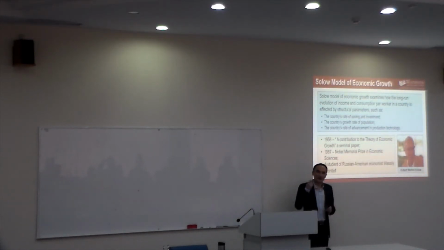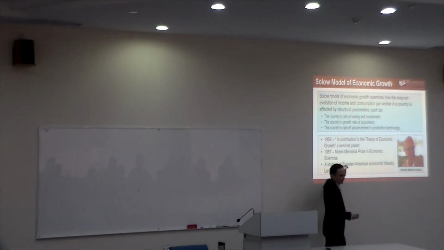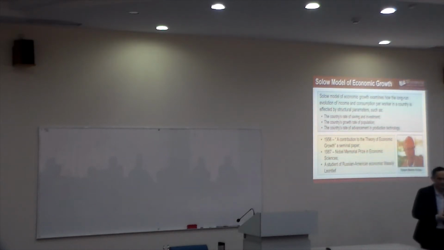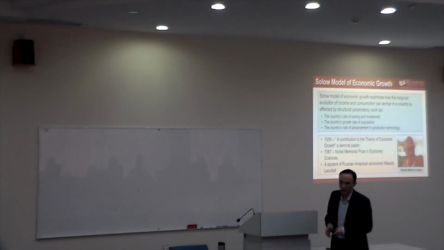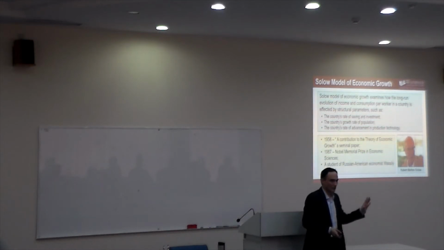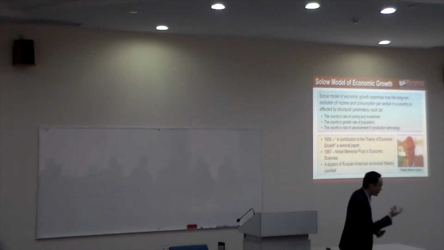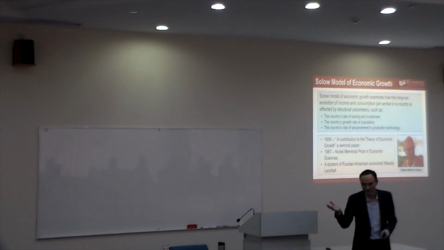And because of his contribution to growth theory in economics, he was awarded the Nobel Prize. Okay. And what's the condition behind getting the Nobel Prize? The Nobel Prize is not given to everyone. It's too difficult. The condition is that through your contribution to science, you should make the type of changes that change people's lives for the better.